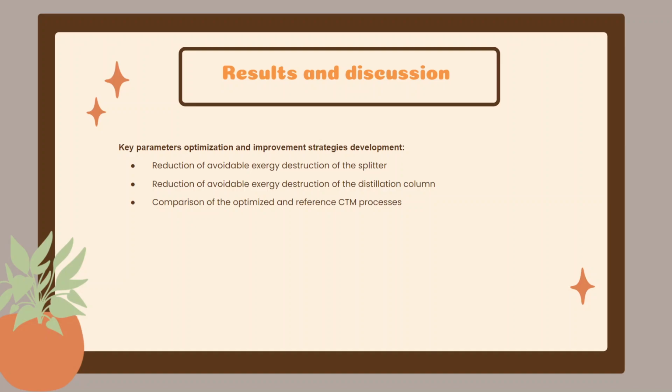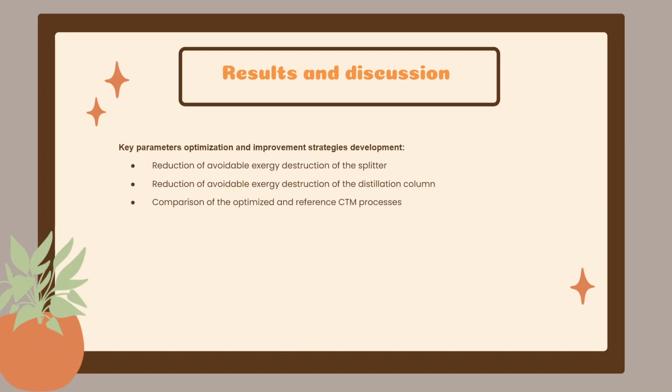These components have been identified as major contributors to avoidable exergy destruction, making them pivotal targets for reduction strategies. By addressing the intrinsic inefficiencies of these elements, the overall efficiency of the CTM process can be significantly enhanced.